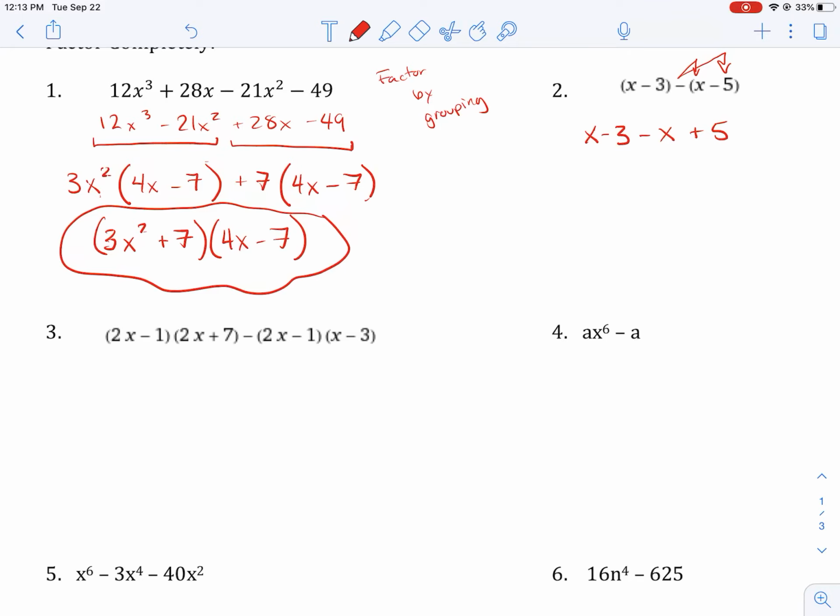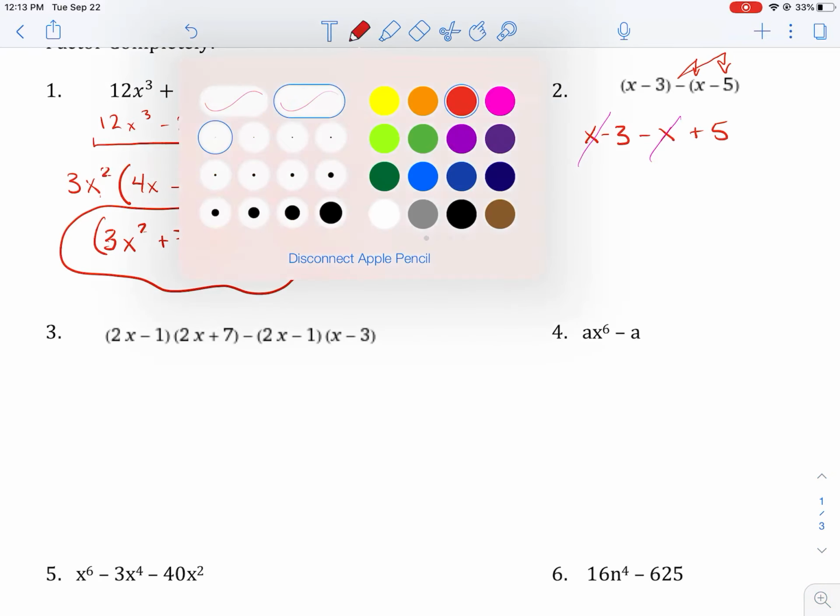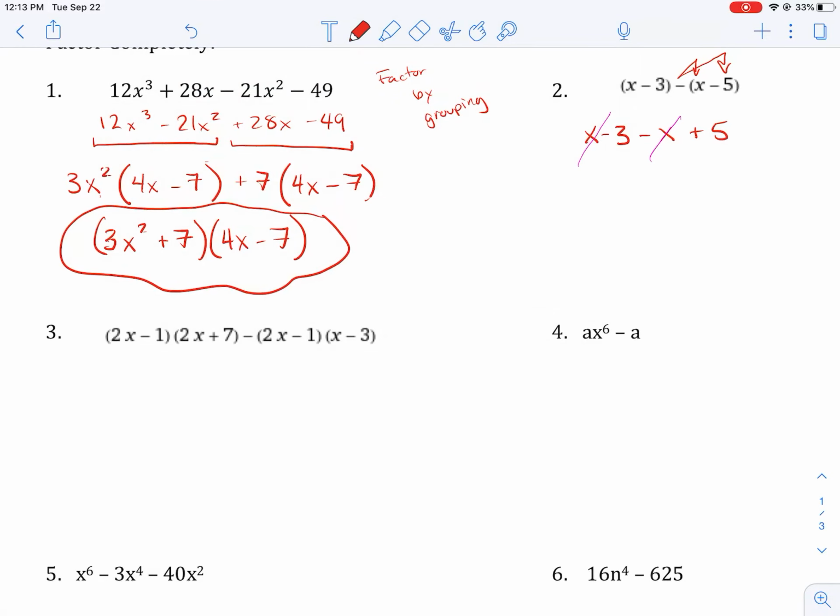Okay, so after distributing the negative sign, you can see these are going to cancel, and you're left with the negative 3 and the positive 5, which is 2. Okay, so nothing too exciting going on in that problem. Just be careful about that negative sign.